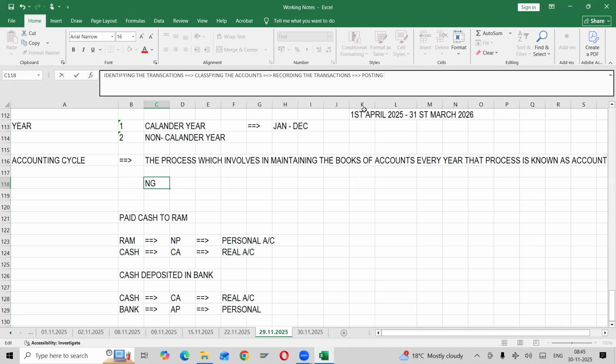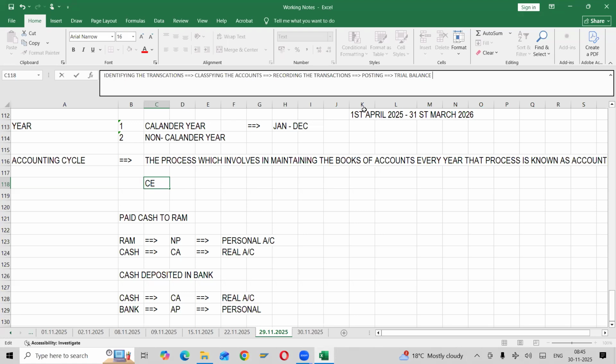And after that, the step we'll do is preparation of trial balance. Next week, we are going to discuss all about this and we will close our accounting concepts.